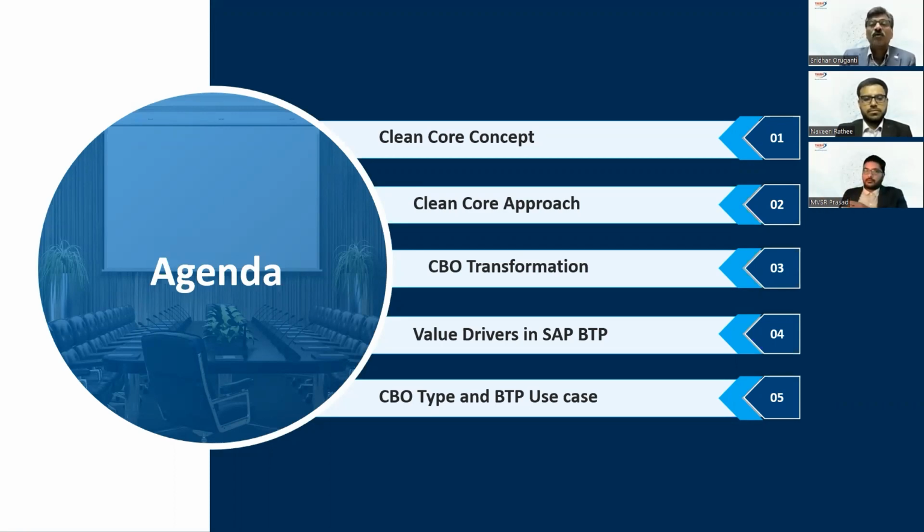How do we reduce the custom code footprint? In that context, what are custom business objects, and how do we transform the custom CBOs? We'll also touch on some of the BTP value drivers and the use cases. These are the 5 different topics that we will cover.